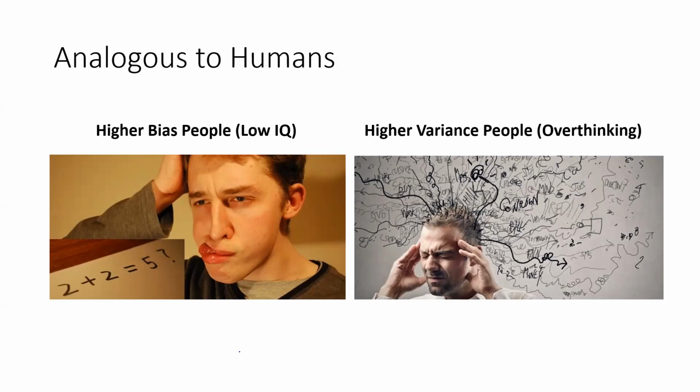So you have a lower IQ, and you are thinking of everything as simple stuff, right? And you can't understand very complex things. You try to model very complex situations in a simple way, right?